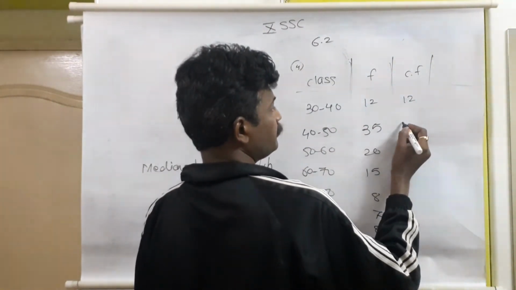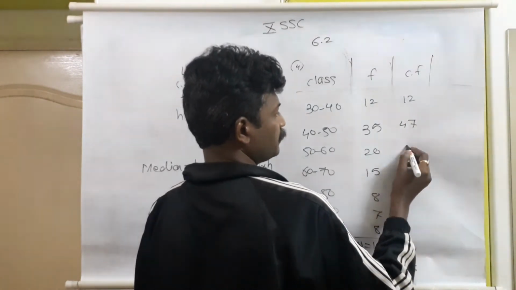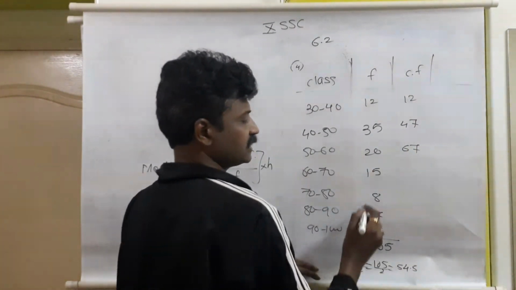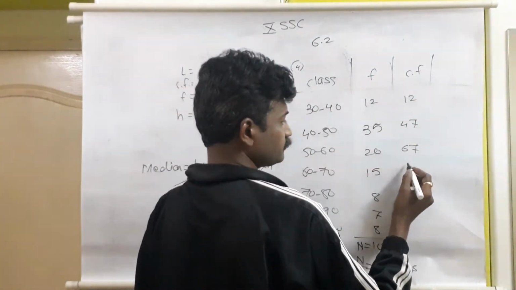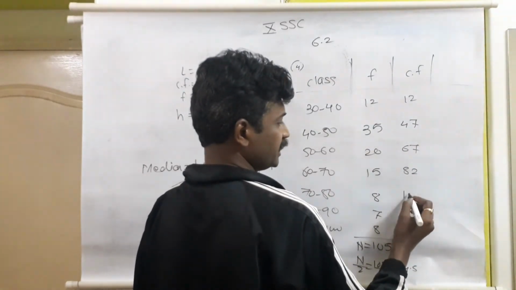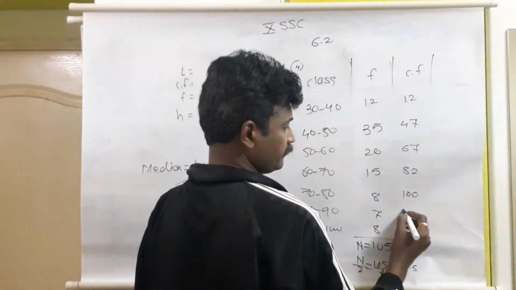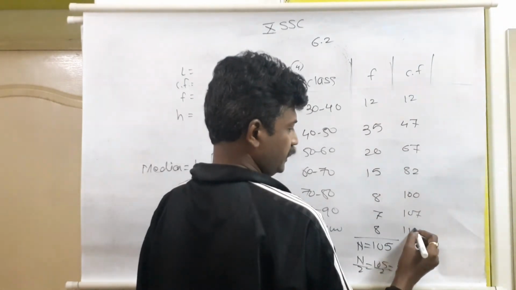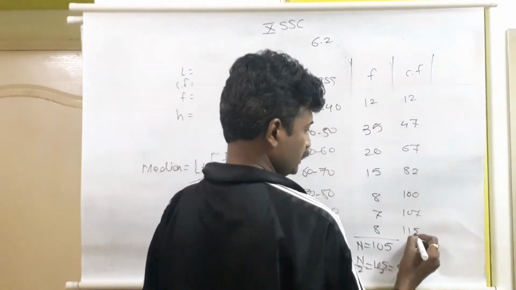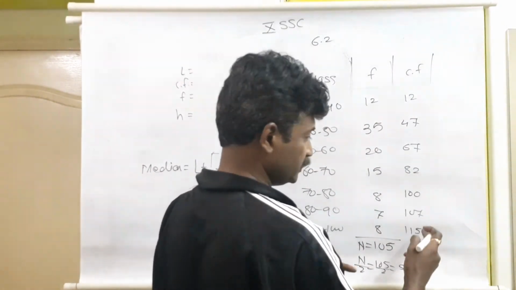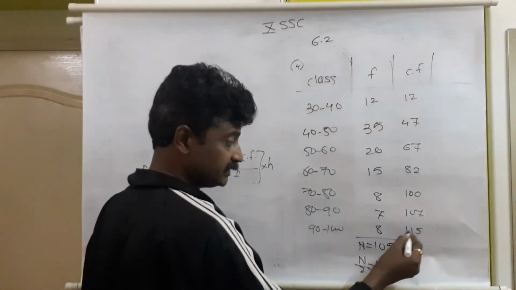12 plus 35, 47. 47 plus 20, 67. 67 plus 15, 82. 82 plus 8, 100. Then 107 and 115. There is some problem, because I found that this and this is different.